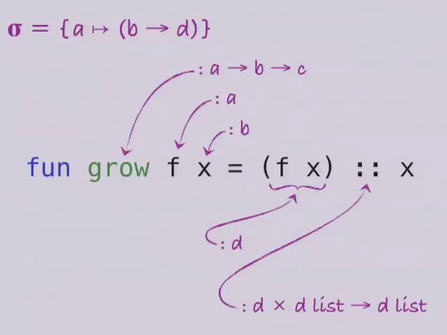So that's what the cons operator does. The left-hand side is a d. We already knew that. The right-hand side is a d-list. So b has to be a d-list. Furthermore, the cons operator returns a d-list, so c also has to be a d-list, because we're returning this result. So b and c map to d-list. We can put that into our constraint set.